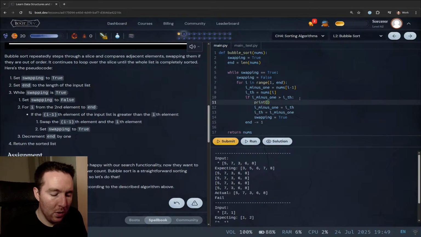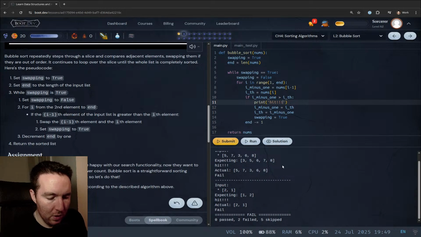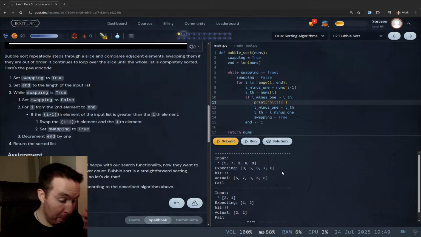Print. Right, control enter, so I have to keep doing that. Right, so it just hit, but only once, which is strange.